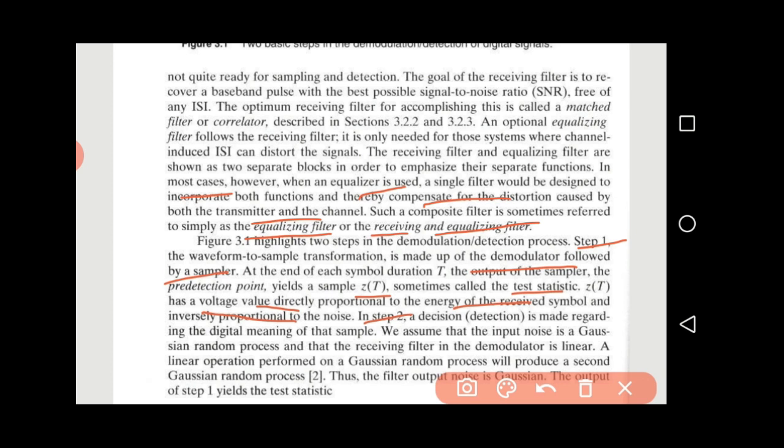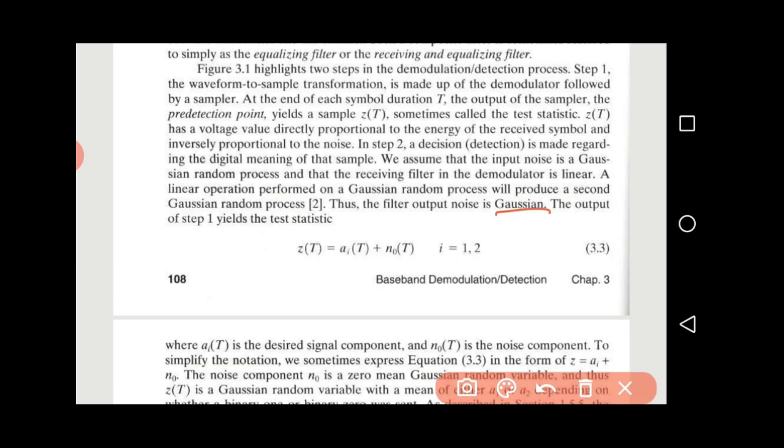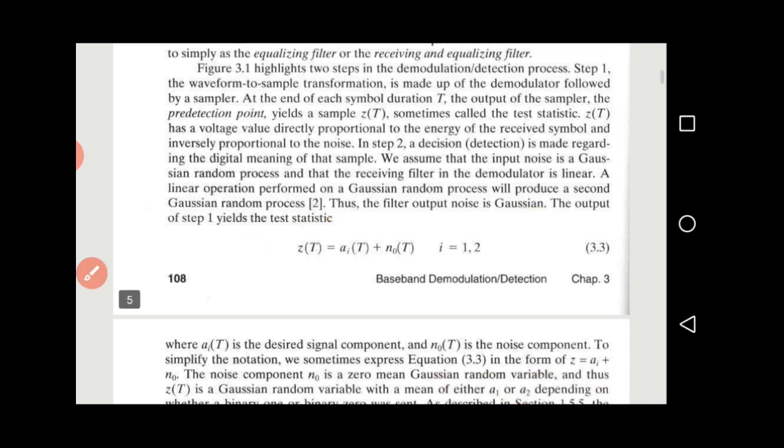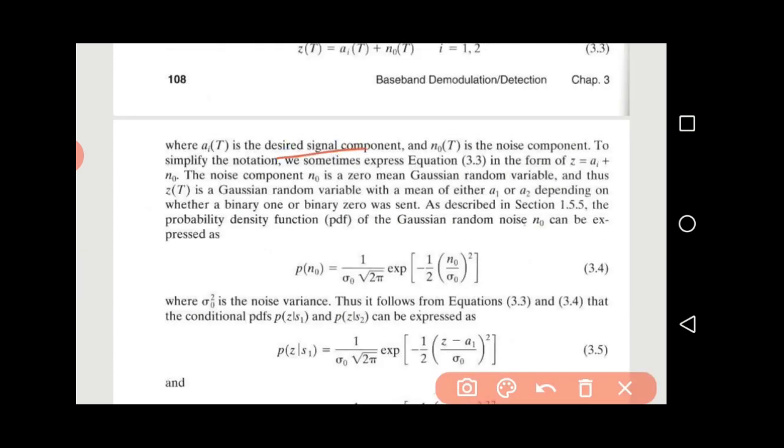We assume that the input noise is a Gaussian random process and that the receiving filter in the demodulator is linear. A linear operation performed on a Gaussian random process will produce another Gaussian random process. Thus the filter output noise is Gaussian. The output of step 1 yields the test statistic z(T) = a_i(T) + n_0(T), i = 1, 2, where a_i(T) is the desired signal component and n_0(T) is the noise component.